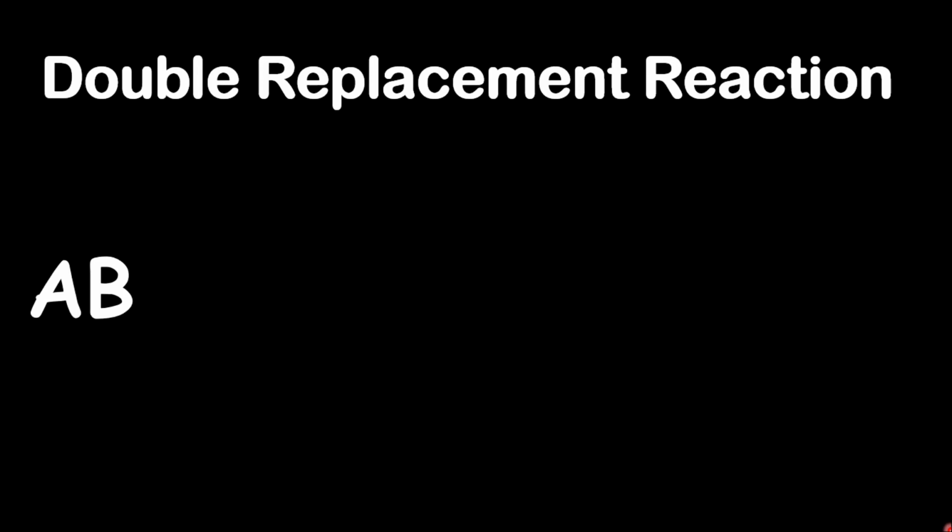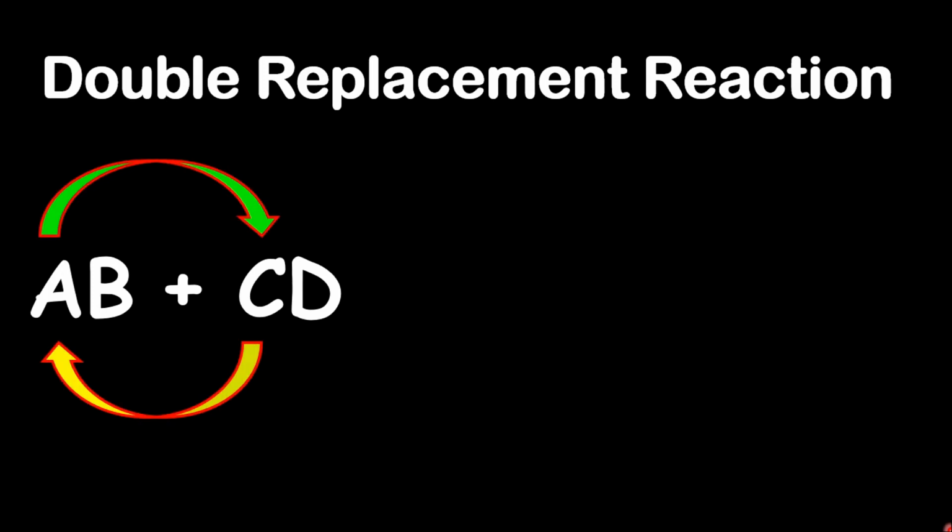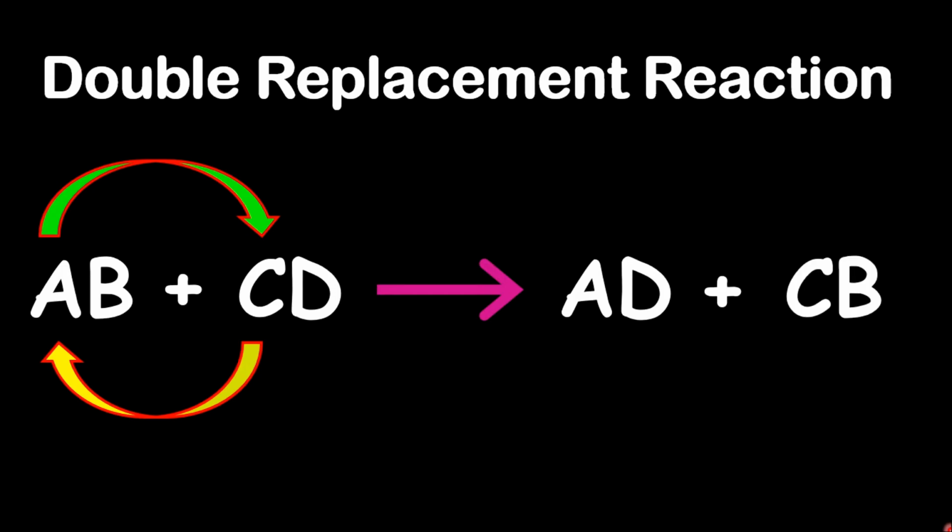Generally representing this type of reaction is substance AB reacts with substance CD, and notice what is happening here. A and C are replacing each other. Hence, the products will be AD and substance CB.